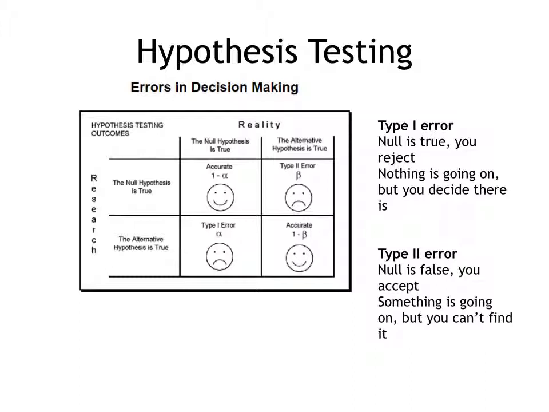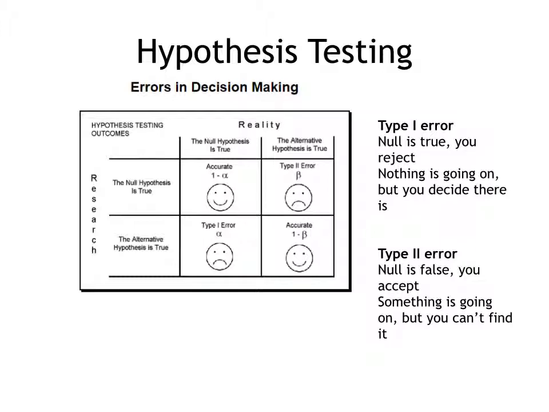A type 1 error, type 1, the first way, you reject the null, but it was really true. It should have stood. Nothing is going on, really. It's status quo, but your research says that there is something going on. That's a type 1 error. I rejected the null, and oh my gosh, I shouldn't have.